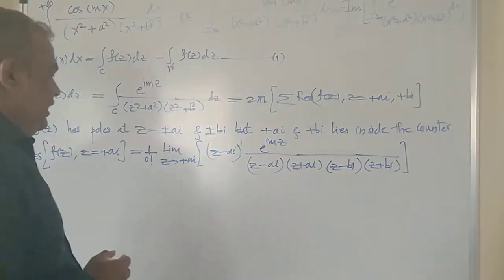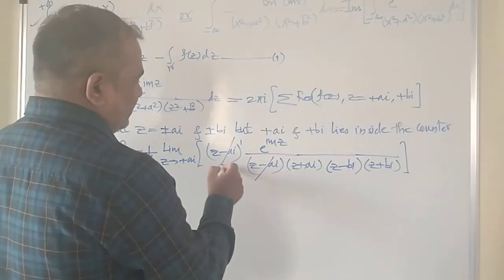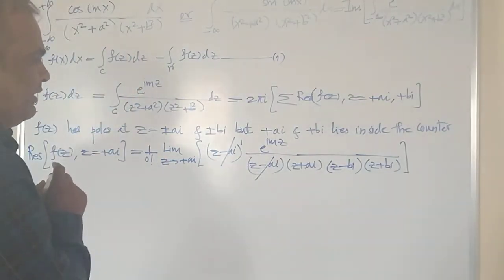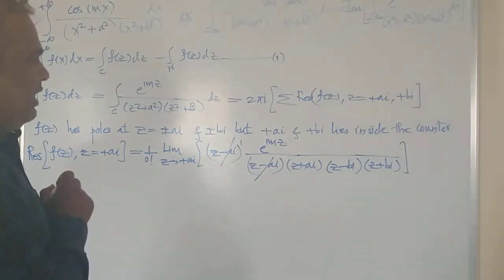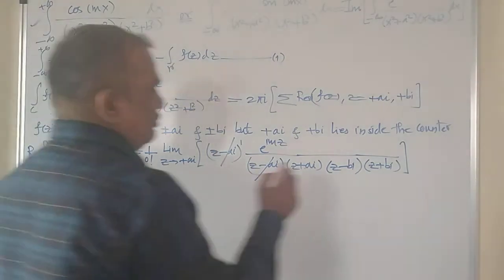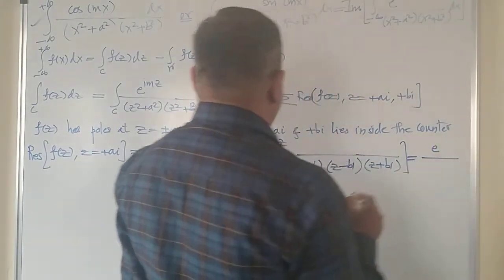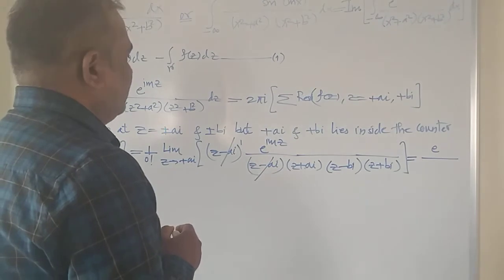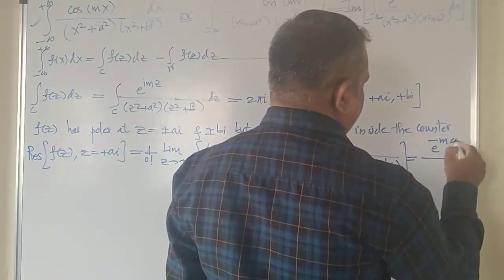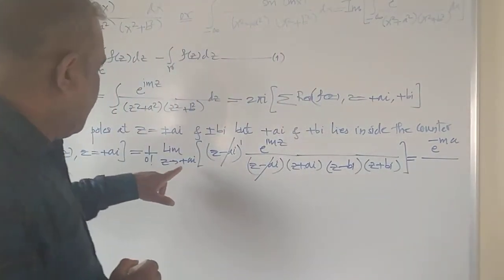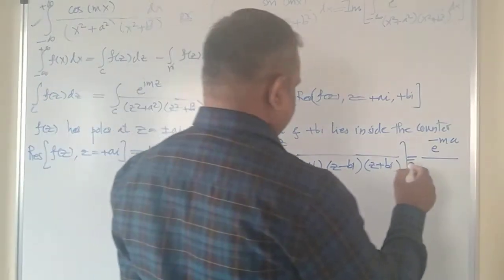right? And if we put the value of z equal to ai into it, now this gets cancelled with each other, and putting the value of z equal to ai, you will get e raised to i m into ai, so i square, minus ma, divided by ai plus ai, 2ai.